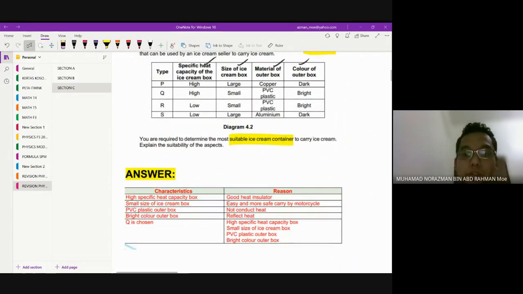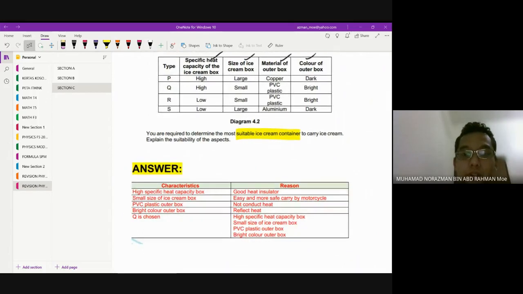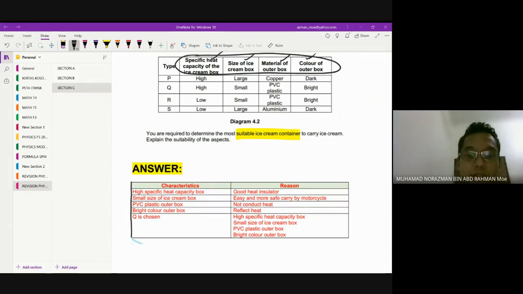Now, how do you want to answer? You just draw a table. You don't need to write this, just write characteristic and reason.